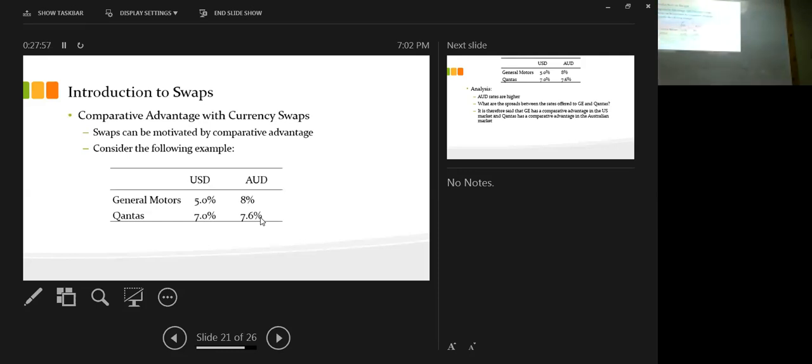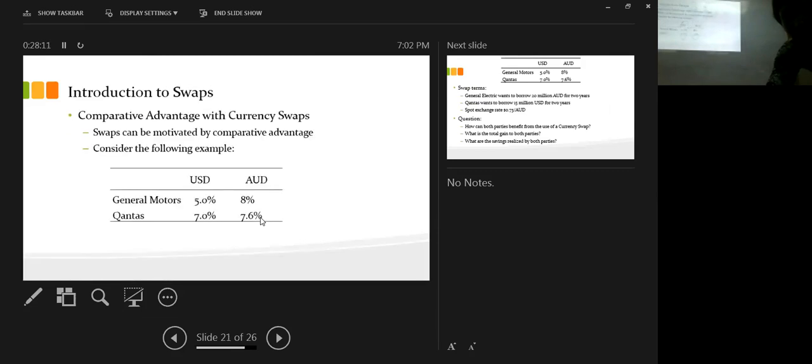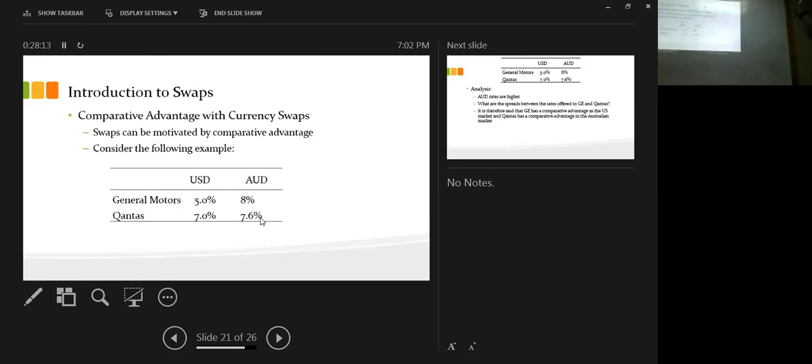So, comparative advantage with currency swaps. Swaps can be motivated by comparative advantage. Consider the following. The lower US dollar rate can be gotten by General Motors compared to Qantas, at 5%.